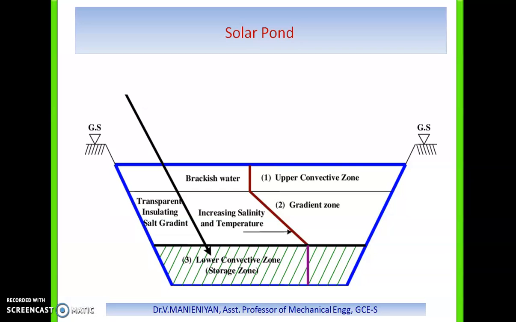So depending upon the location, the water clarity and the temperature, a solar pond can capture up to 10 to 20% of the energy reaching the surface. The salt material should have certain characteristics. It should have high solubility, allowing high solution density.